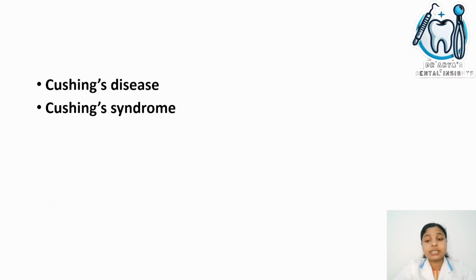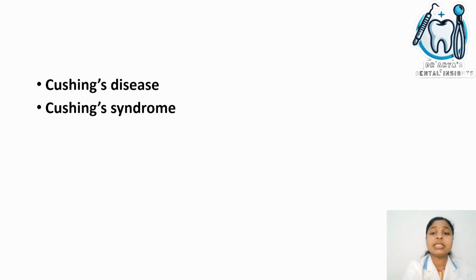So what is Cushing's disease and Cushing syndrome? Is there any difference between these two? Cushing's disease is due to the excessive secretion of ACTH, adrenocorticotropic hormone. It is mostly due to basophilic adenoma of adenohypophysis of pituitary gland.